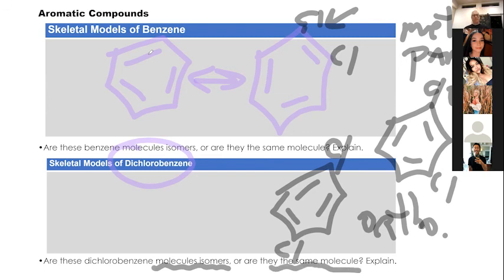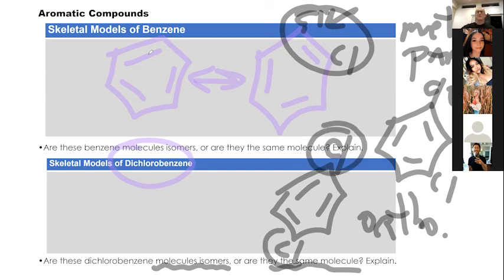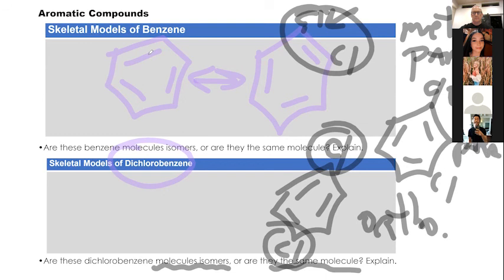What do you think? Is having the 2 chlorines next to each other exactly the same as having the 2 chlorines opposite each other? Is that the same molecule? We know they have the same formula.